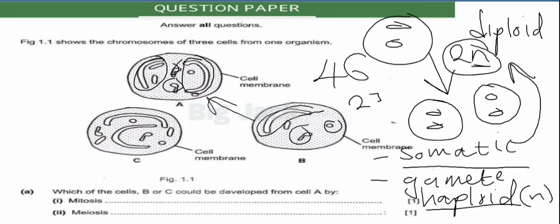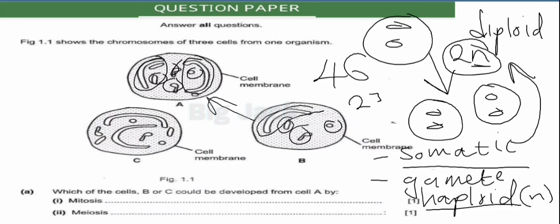This feature here is also present in this one here. And also this feature here is also present in cell A. So as you can see, cell B is just the haploid of cell A. So we can say the cell which has been produced by meiosis is cell B. In addition, we can say mitosis occurs in somatic cells and meiosis occurs in gamete cells or sex cells.